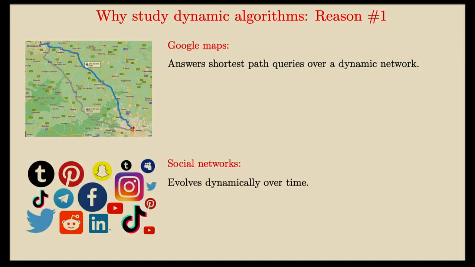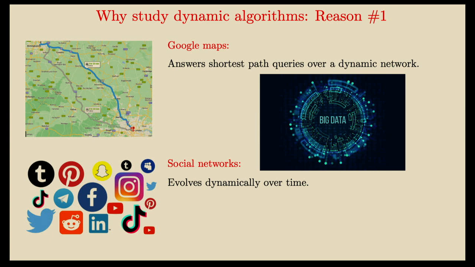Similarly, you can take your favorite social network and suppose you want to run some computation with it. Since the network keeps evolving with time, what you are looking for is a dynamic algorithm. And in general, you can ask this in the context of any big data application. The input data is so huge that it is prohibitively expensive to just recompute your solution from scratch after a small change to the input.